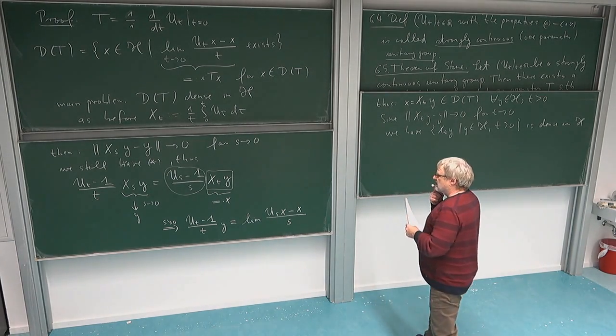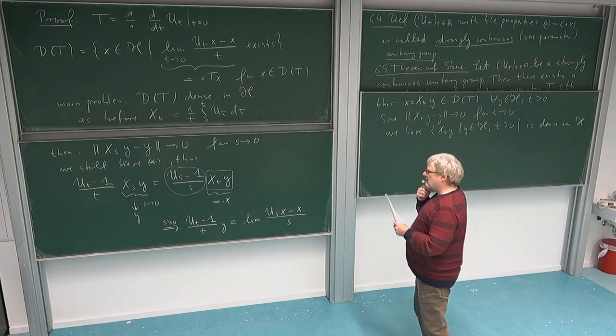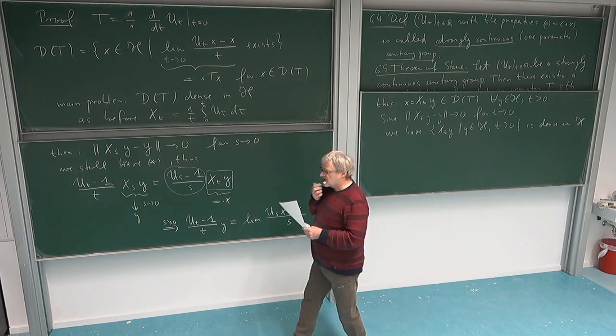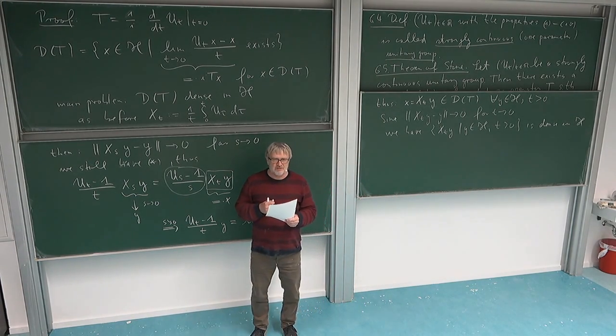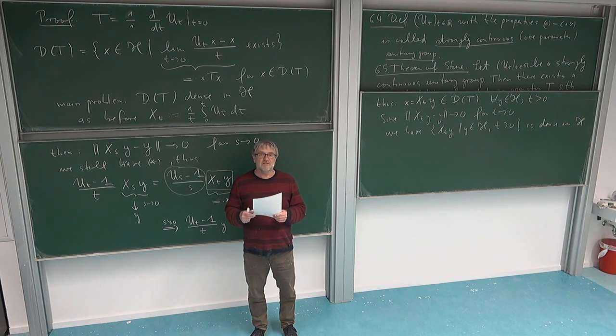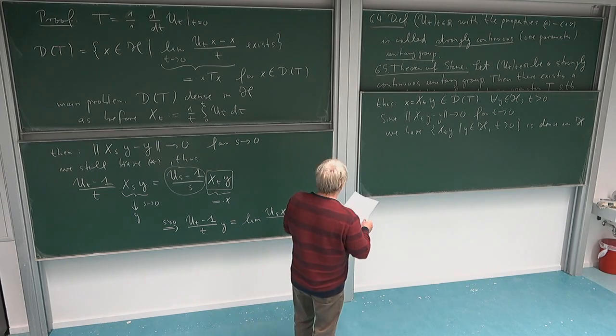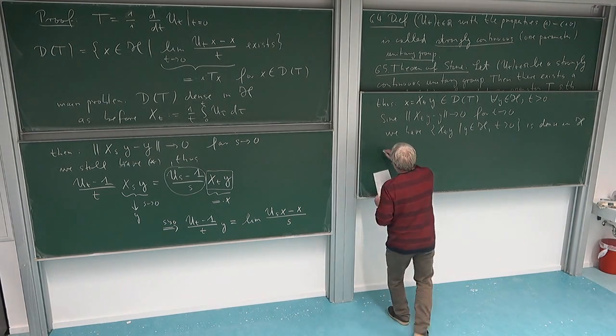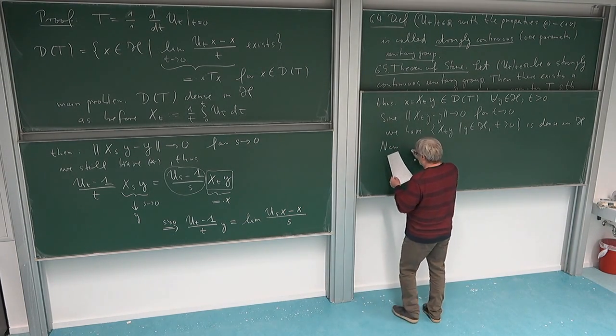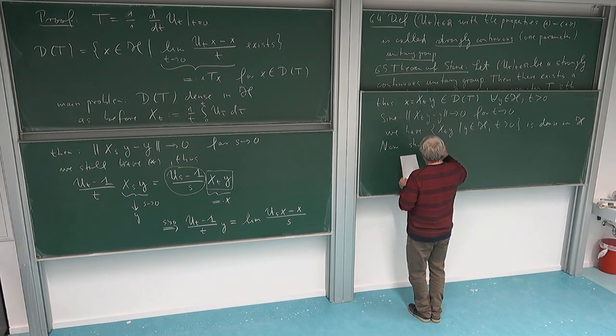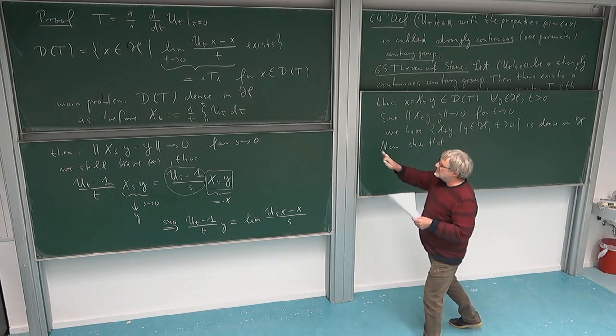Good. So we have here a densely defined operator, and of course the main statement about this operator is that it is self-adjoint, and not just symmetric but self-adjoint. So that's now the crucial thing which we still should see. So now we have to show, and self-adjoint really with respect to this domain.